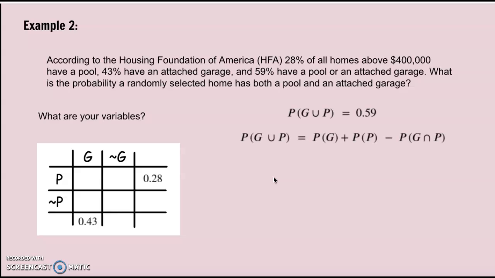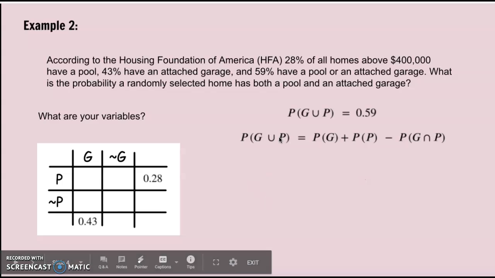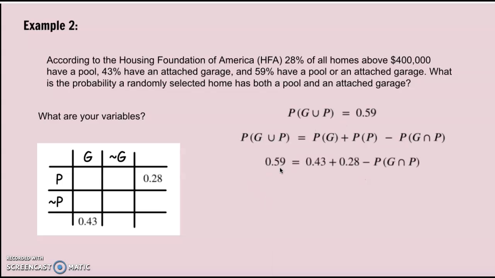So if we write out the little formula here, the union equals the probability of G plus the probability of P minus the intersection of G and P, because you've counted it twice. And then from there you can just plug in your values. We know the union's 0.59, garage 0.43, pool 0.28, minus the intersection, which is the one variable we need.